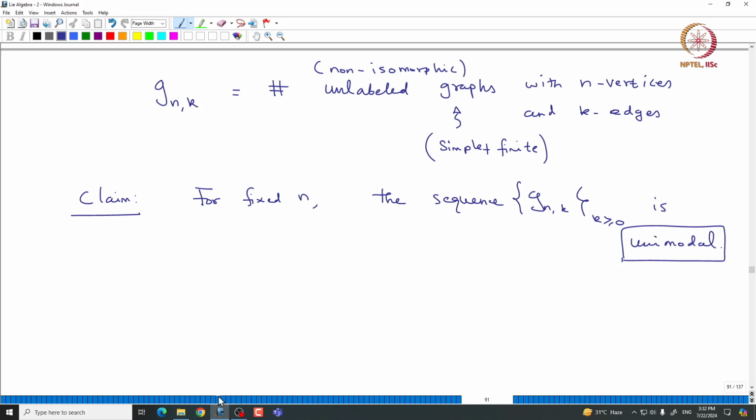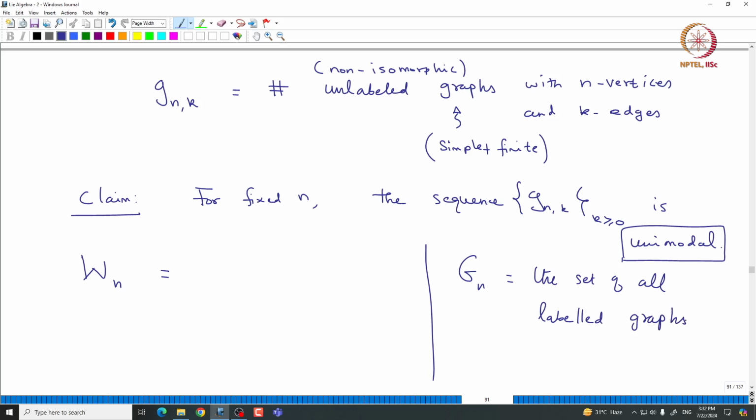So, let us start with this W n. Before that, let us call this G n. So, G n is the set of all labeled graphs on the set of vertices 1 to n.